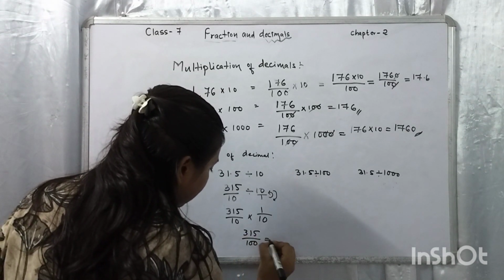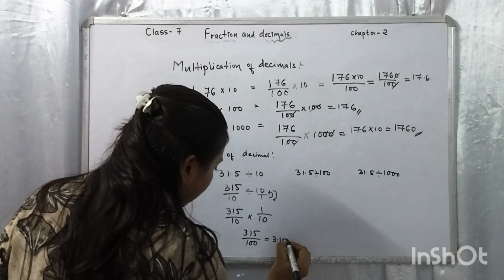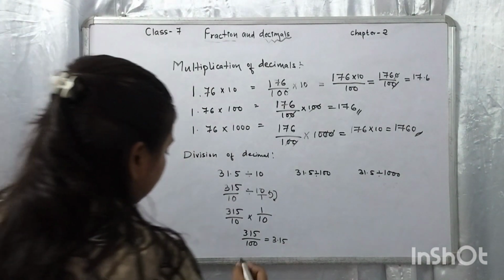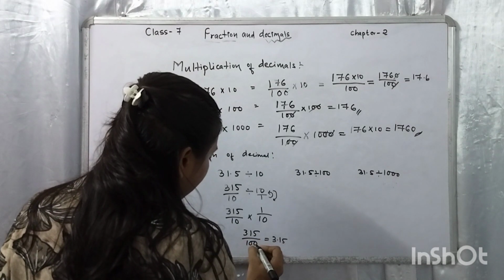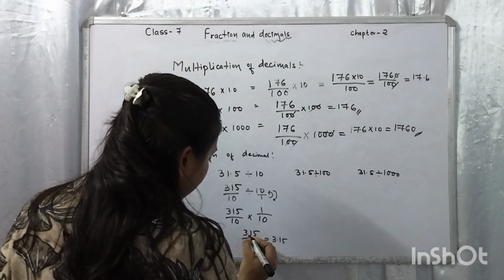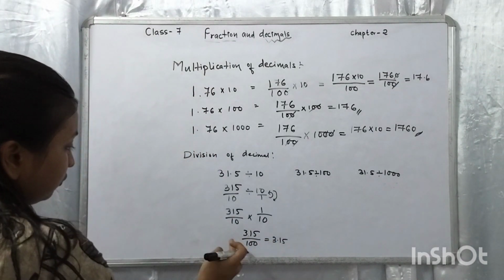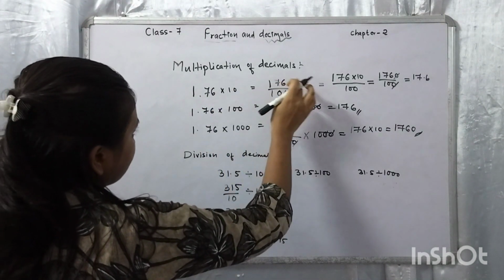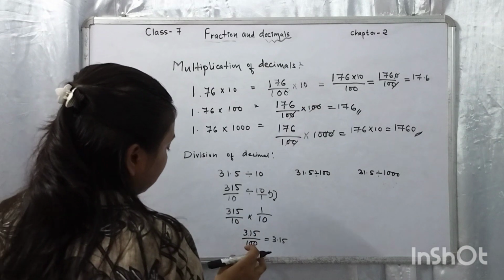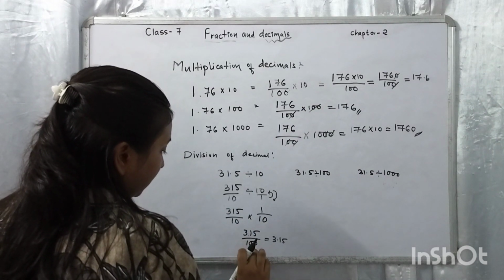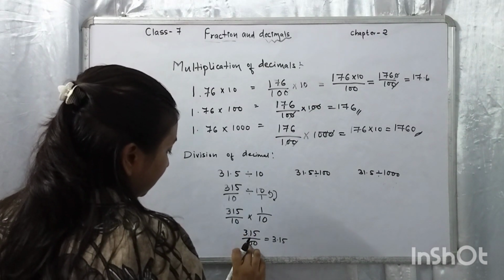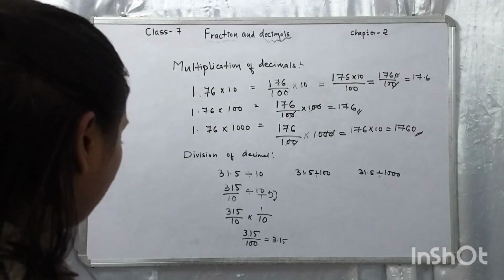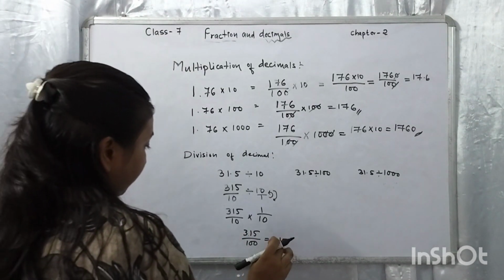So this will give you 3.15. Fine, 3.15. If you have to divide 315 by 100, you will shift the point inward. When you have to multiply any number, you will shift the point outward. But when you are dividing any number by 100 or 10, and you are making it in decimal form, then you will move the point inward.